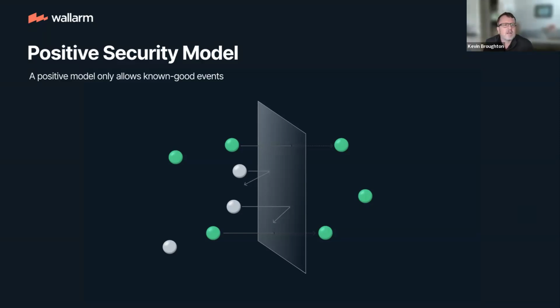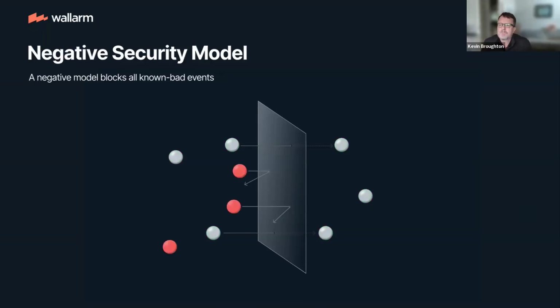Got it. And negative security models. A negative security model is essentially the opposite of that. So rather than allowing known good, it blocks known bad. So we flipped the coloring here. You see that there are some red dots. These are things that are detected as bad or known to be bad. Those are being blocked. And the other ones, which are no longer green, are now essentially unknown, indeterminate.